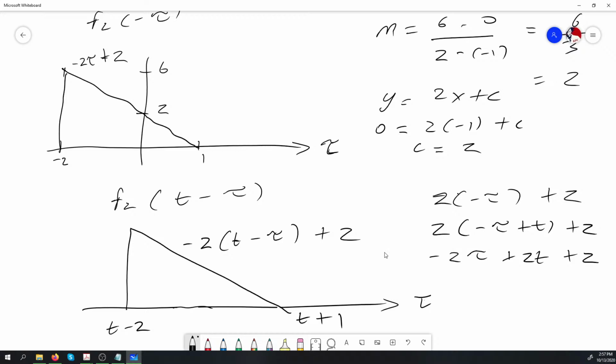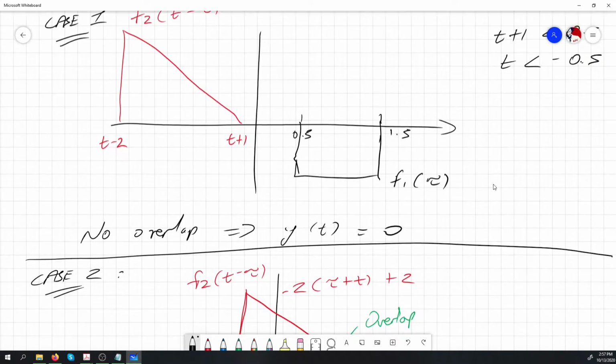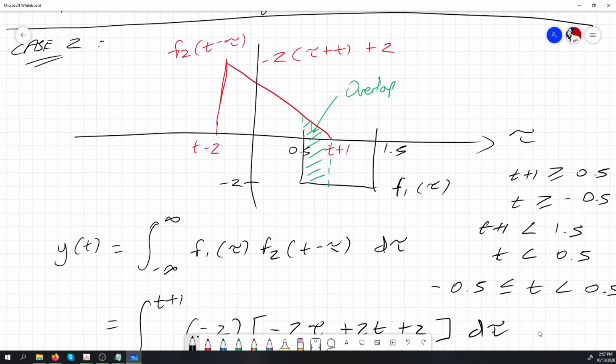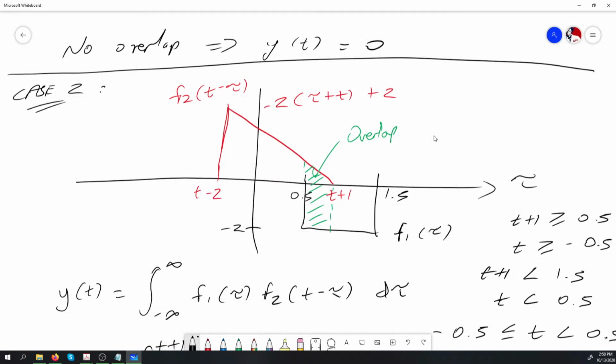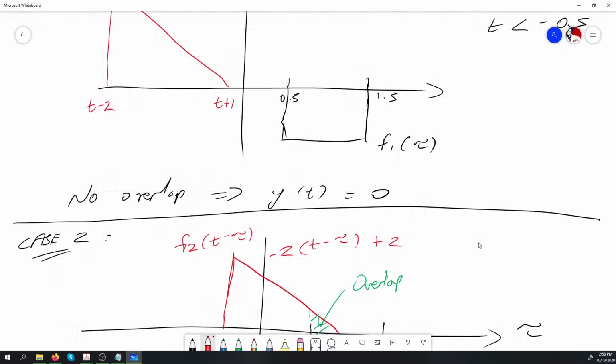So this will become minus 2 into t minus tau here plus 2. Alright, yeah, that's correct. And this means this equation here will change accordingly. t minus tau. Correct.